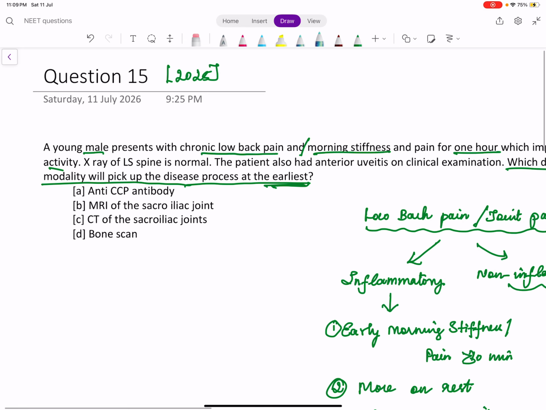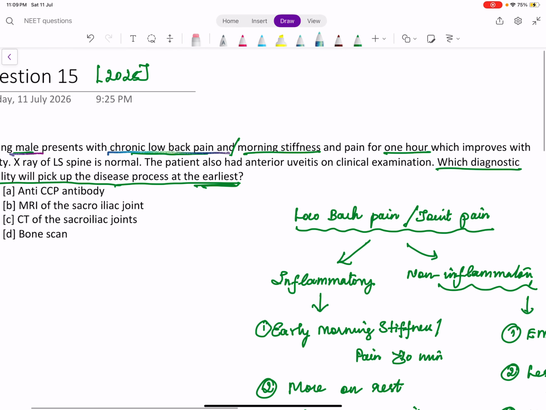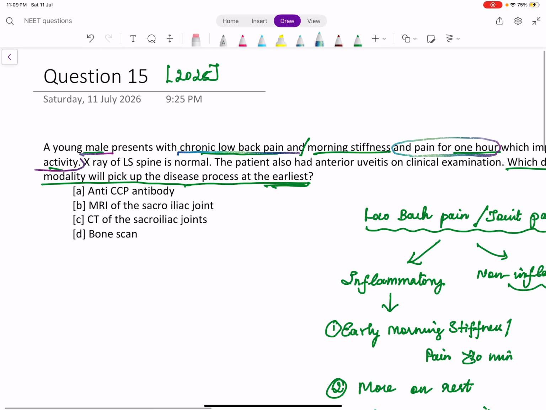See, the patient is having a chronic low back pain. He is a male. There is morning stiffness and pain for 1 hour, so it could be an inflammatory arthritis, which improves with activity. Again, it is a finding of inflammatory arthritis. It's a back pain, the spine is affected. And X-ray of the LS spine is normal.